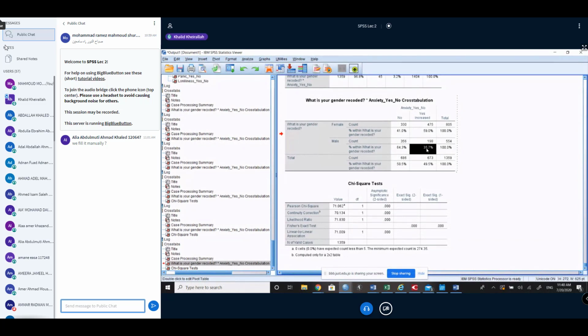So the probability of chance that we calculated, which is the p-value here, Pearson's chi-square, the p-value was really low, almost 0%. So the probability of chance in these observed percentages is really low.